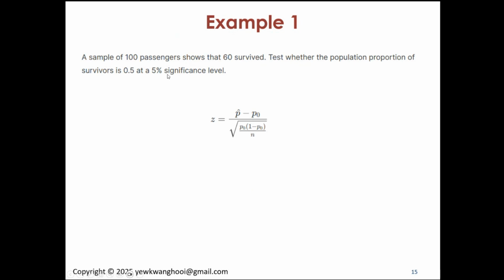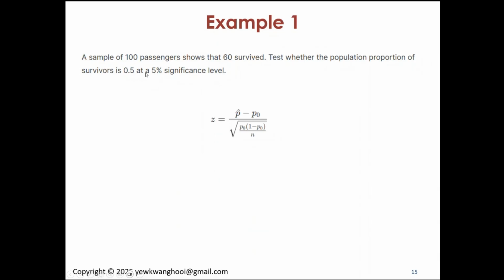And then what do we do first? We come up with a hypothesis. Since this is one population, we will be comparing this population with the standard population, the normal population.